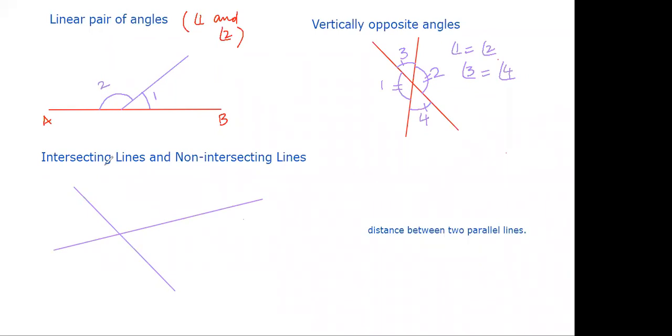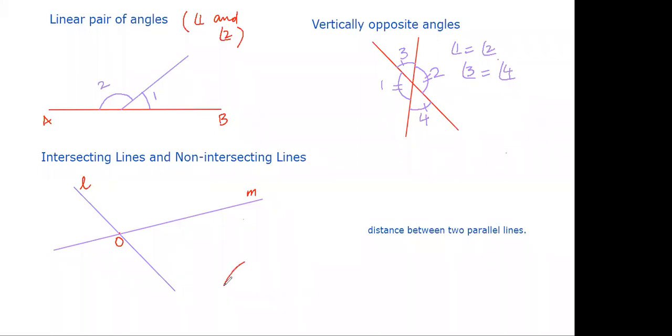So these two lines are intersecting on a point. Let me name that point as O. So very interesting thing is that these two lines are intersecting only at one point. Had they been curves, they might have intersected at 2 points.